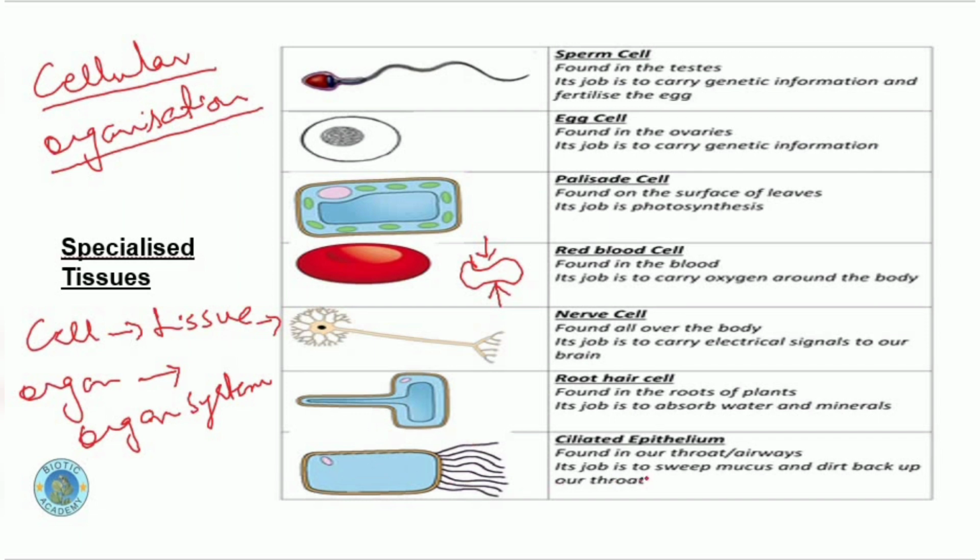The last one is ciliated epithelium, and these are present in our airway, in our trachea, in our throat, and their function is to trap the dust particles or the pathogens which are present in the air and which try to enter into our respiratory tract. So they are also modified by creating cilia-like structures on their outer surface, which help to trap these dust particles.